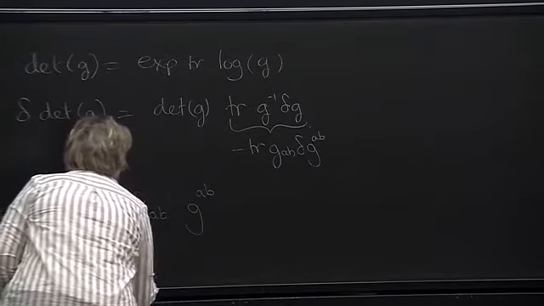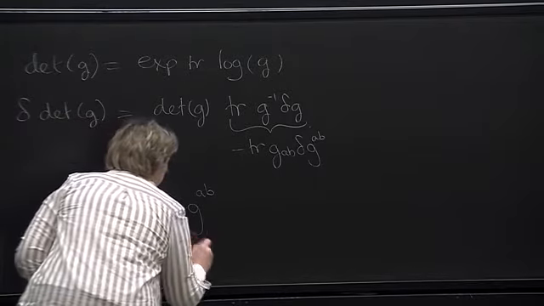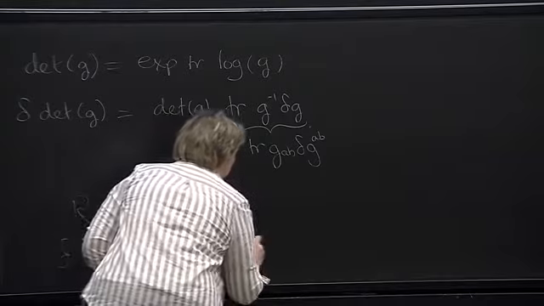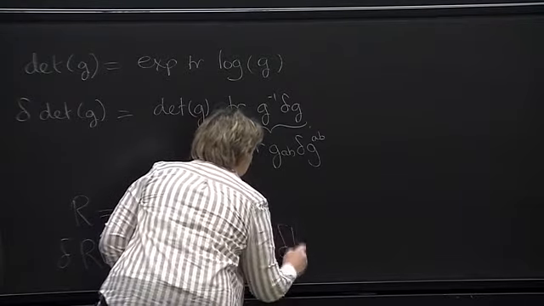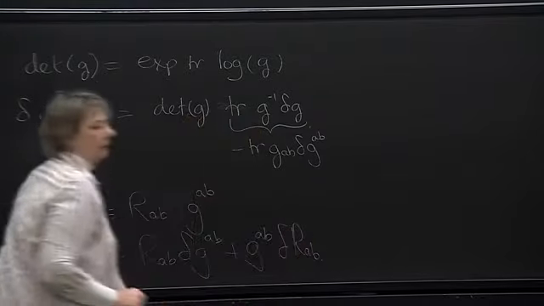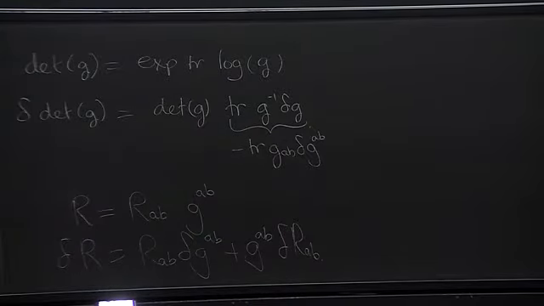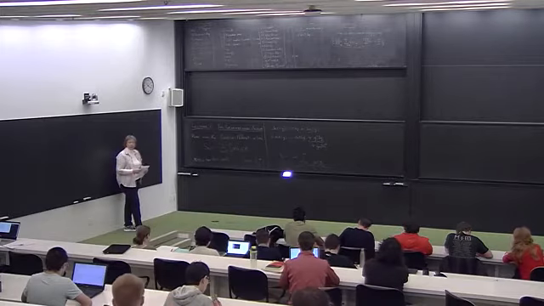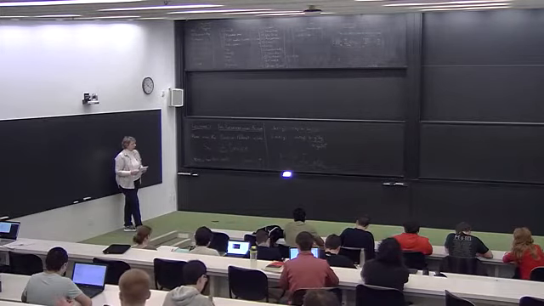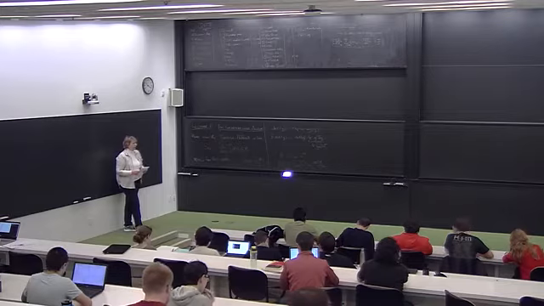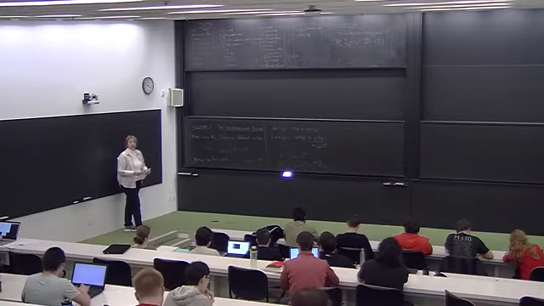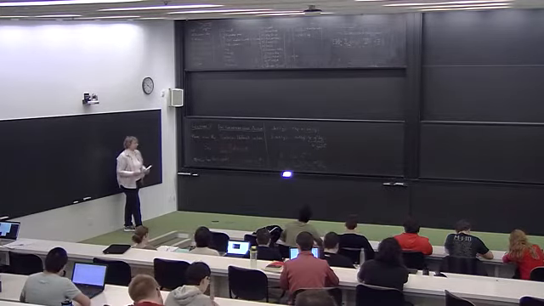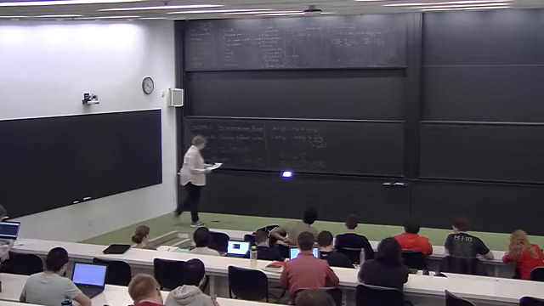So delta R has two pieces, the first of which is already packaged nicely for us because it's the Ricci tensor contracted with the variation of the inverse metric. But the other piece is a piece which I think David promised was a total derivative, and it's the variation of Ricci.